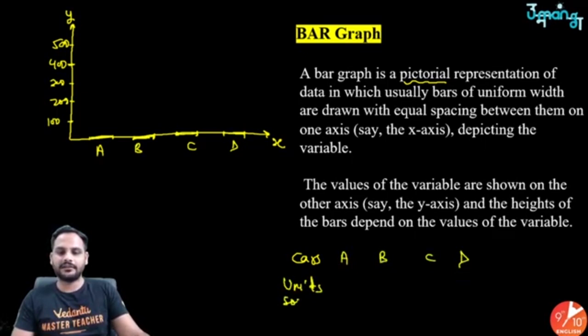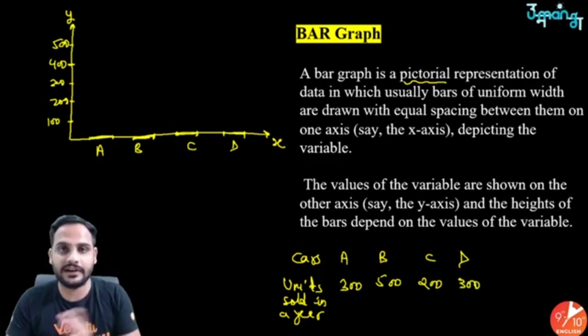How many cars have we sold in a year? Let's say for example, for car A 300, for car B 400, for car C 200, for car D again 300. Let us say this is the data.